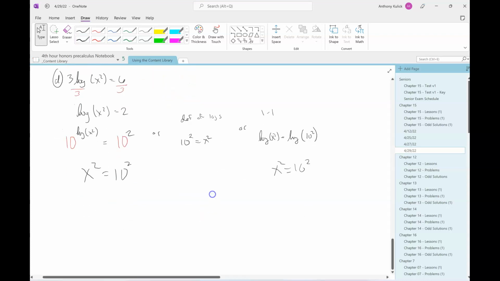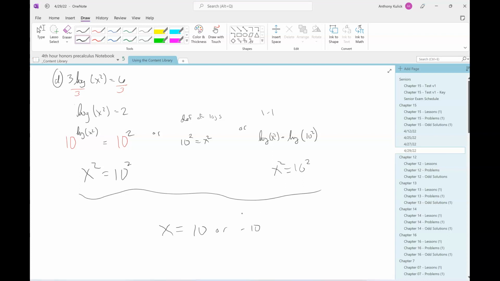So x is plus or minus the square root of 10 squared. Let's actually write it as 10 or negative 10. That'd be easier. So x is plus or minus 10. Everybody cool with that? The square root cancels the squared.